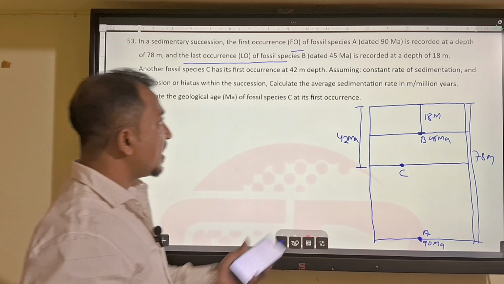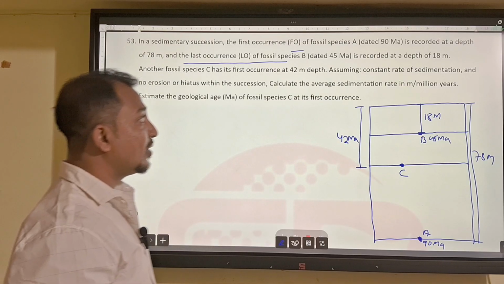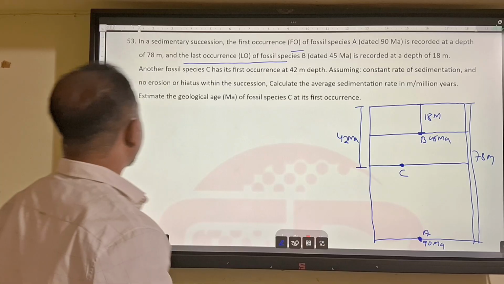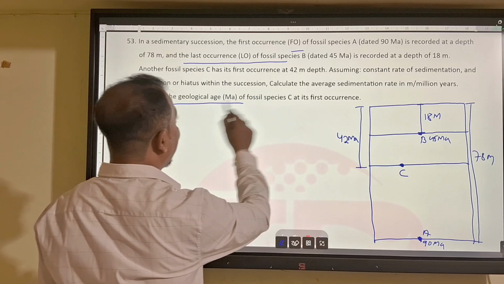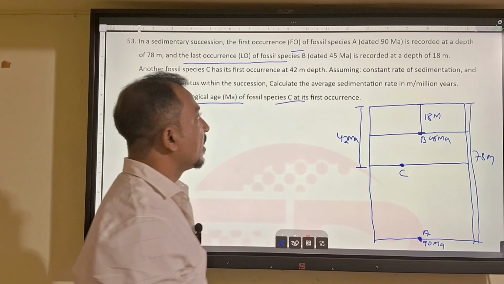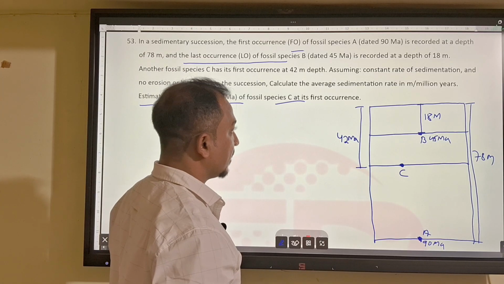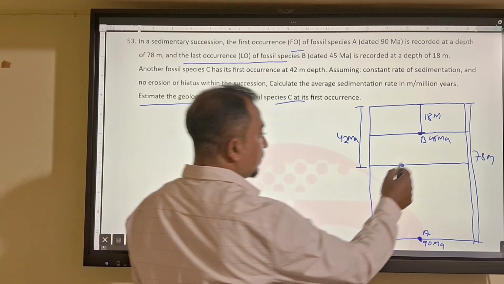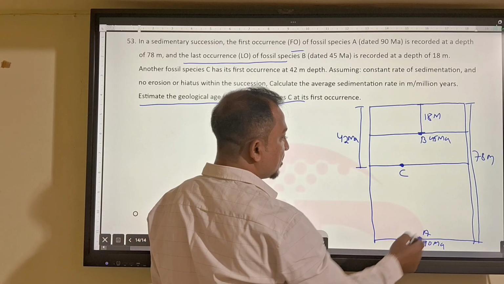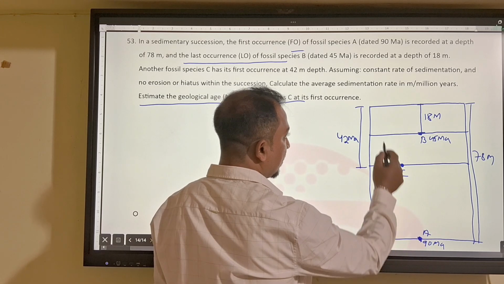Assuming a constant rate of sedimentation and no erosion or hiatus within the succession, calculate the average sedimentation rate in meter per million years and estimate the geological age of fossil species C. So you have to calculate the sedimentation rate and the age of fossil species C. Now see, species B is at 18 meter, species A is at 78 meter.